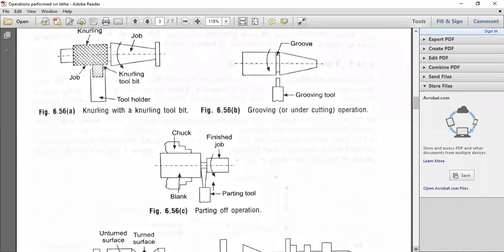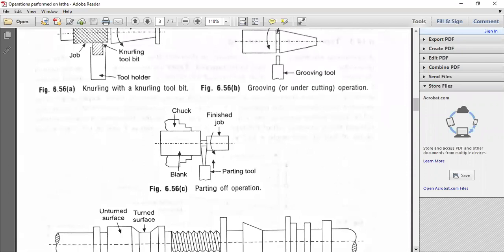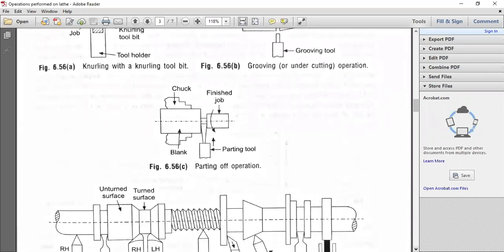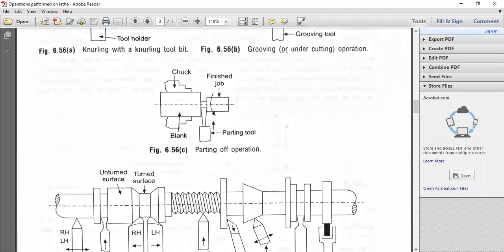Parting, the literal meaning is there. So I want to show you, see, these are not the only things I want to tell. If I have a paper setter, I will ask you to draw all the operations in a single diagram or a single job or workpiece.